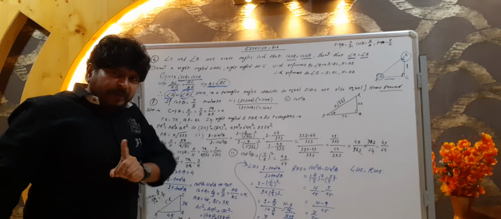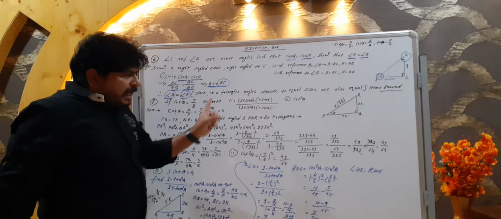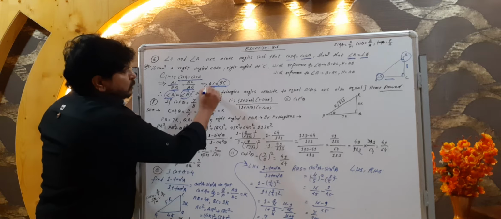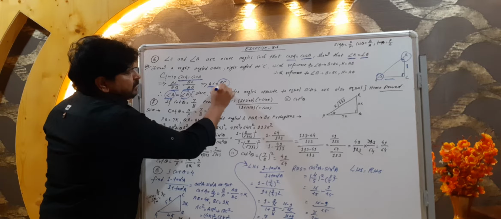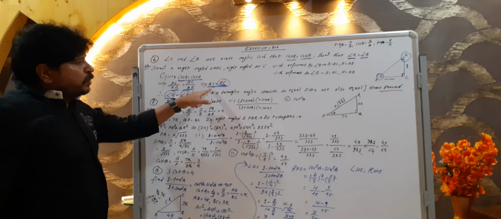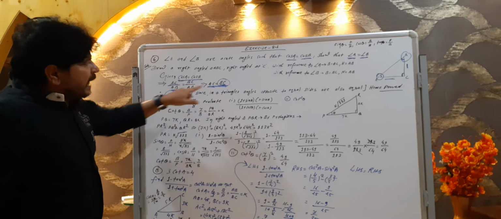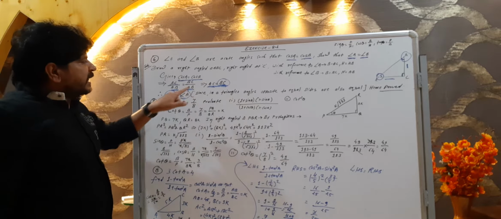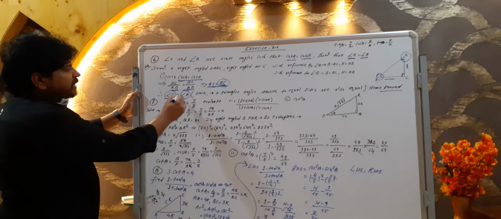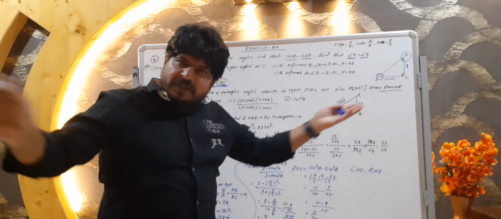The equal sides we just found are AC and BC. The angle opposite to AC is angle B, and the angle opposite to BC is angle A. That's why angle B is equal to angle A. Hence proved. Is that clear?